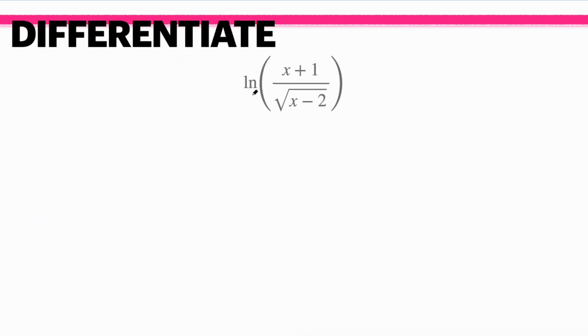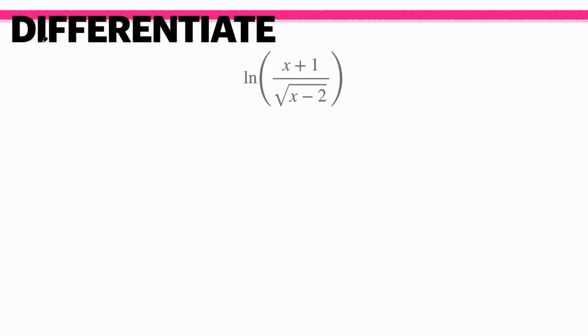So let's try another one. We know that u, actually no, we are not going to do u first. Here is where, back in Algebra 2 and Pre-Cal, properties of logs come into play.